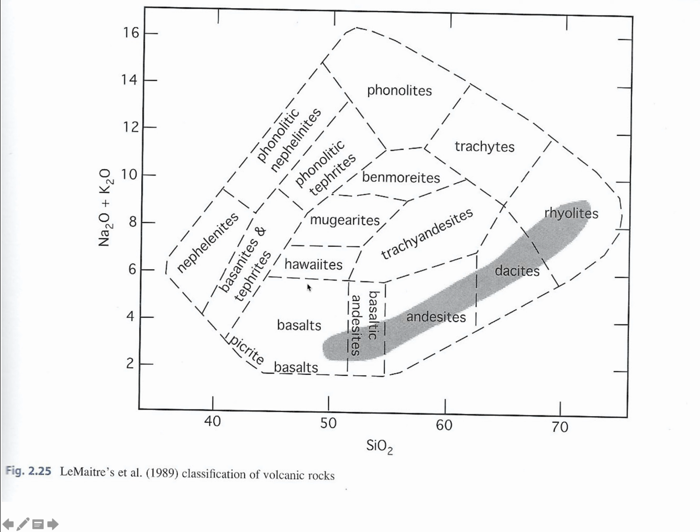Here from silica undersaturated to silica saturated, they can form just by differentiation, fractionation from our originally ultramafic or mafic melt. Then we have the phonolites, the phonolitic nephelinites, the phonolitic tephrites, the benmoreites, the mugearites, the trachyandesites, the hawaiites, the basanites, and the nephelinites.